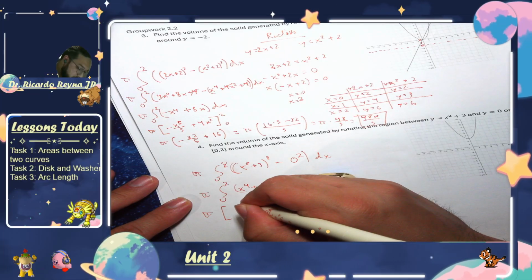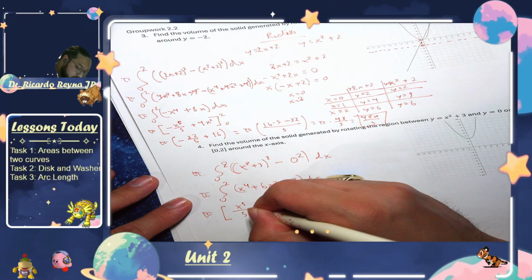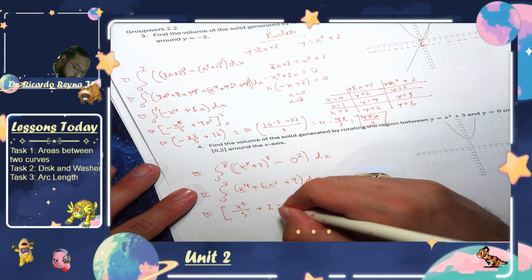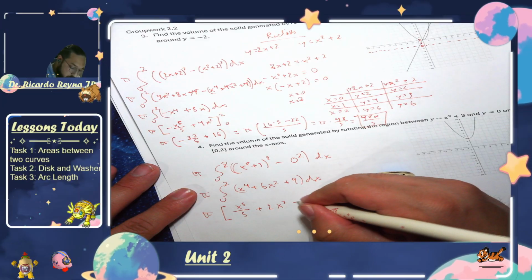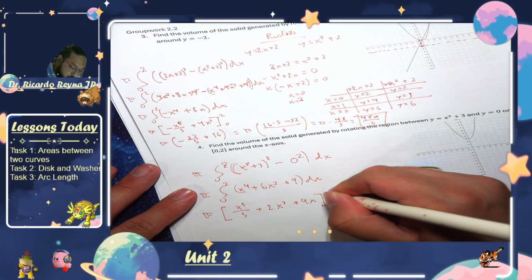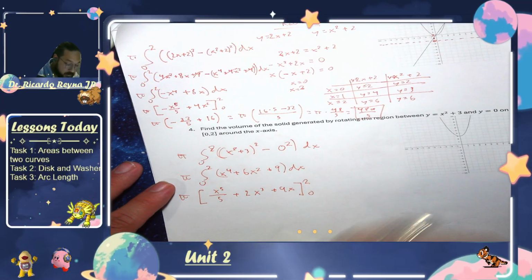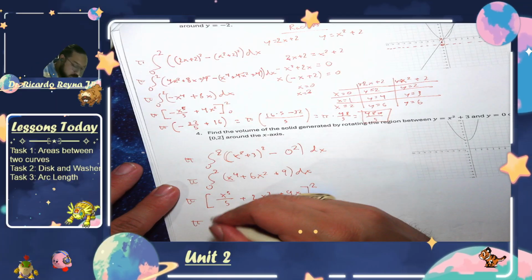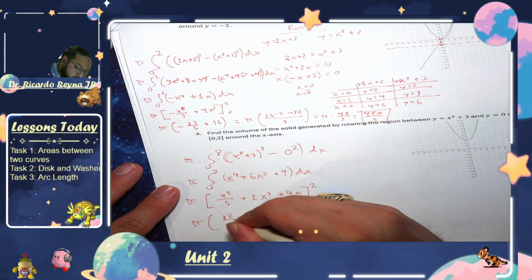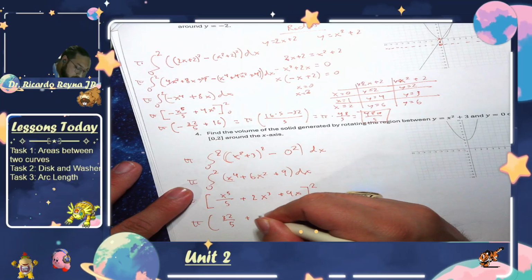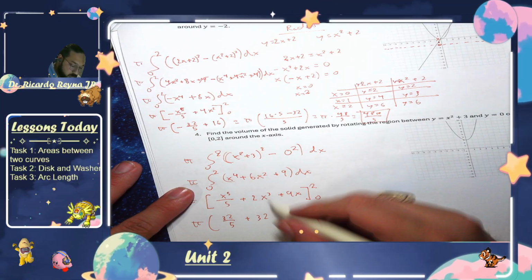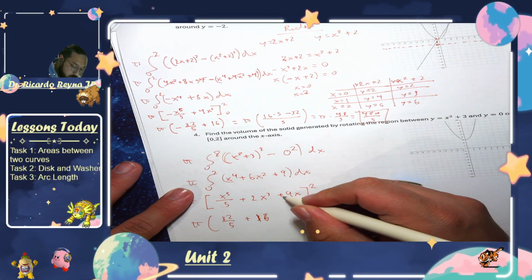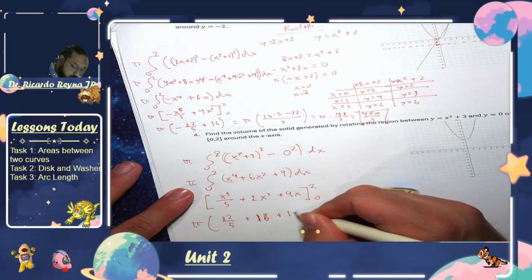And then we have x to the power of 5 over 5 plus 2x to the power of 3 and then plus 9x, from 2 to 0. I'm going to skip the part where I plug in 0 because I don't have to. We have 32 over 5 plus 32. No, that's going to be 16. Excuse me, 16. Then 9 times that is 18.